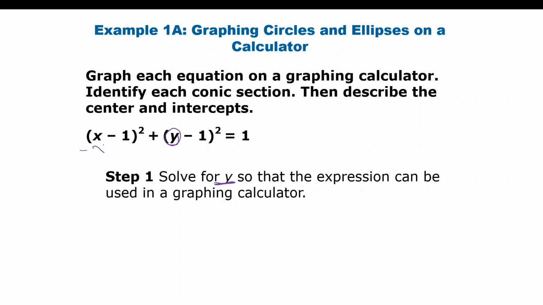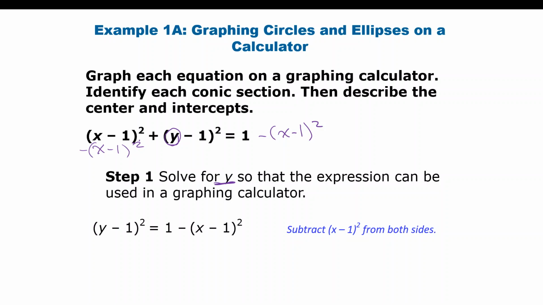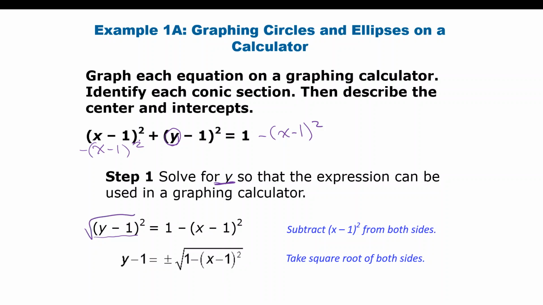So if I subtract x minus 1 squared from both sides, that's going to help me. All right, so now I don't have my y by itself yet, so for my next step, I just want to take the square root of both of these pieces.